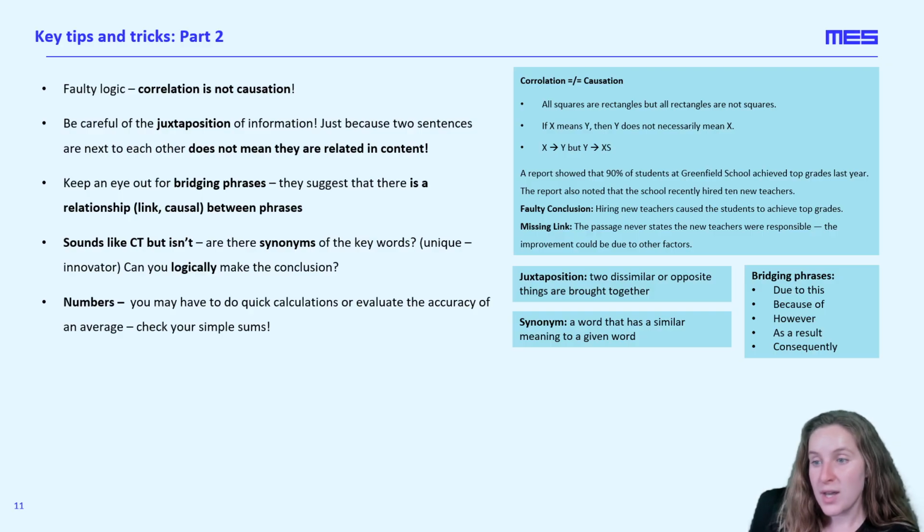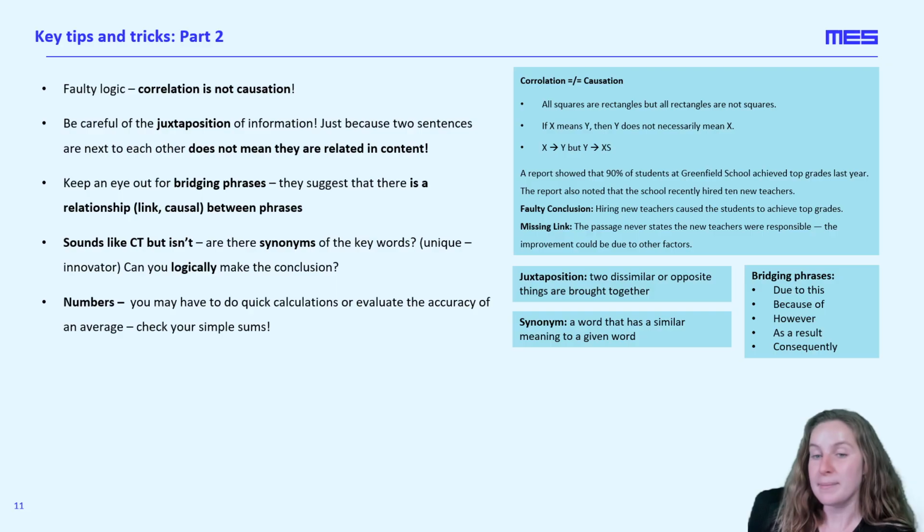Sometimes you'll think that a question sounds like can't tell for the true false can't tells, but isn't, because you're looking for a specific word, keyword, or word around a keyword, like built or began, as we said in our previous example, but the word commenced is used. So are there synonyms? Another example here, unique versus innovator.